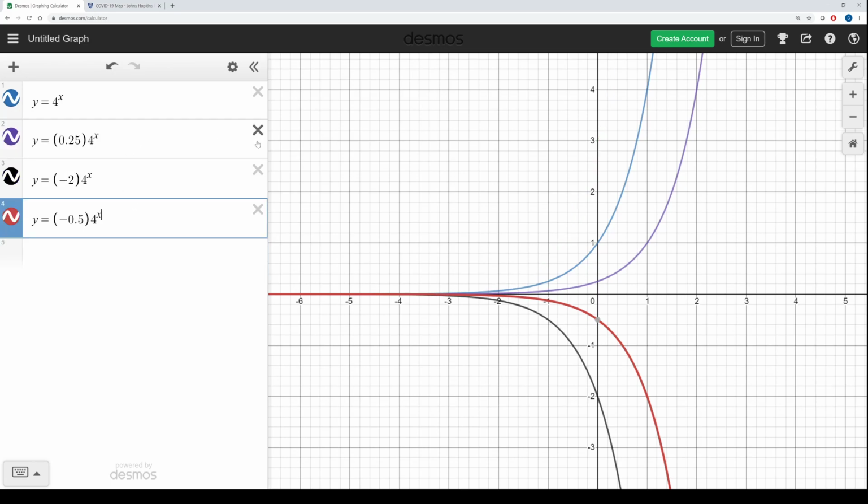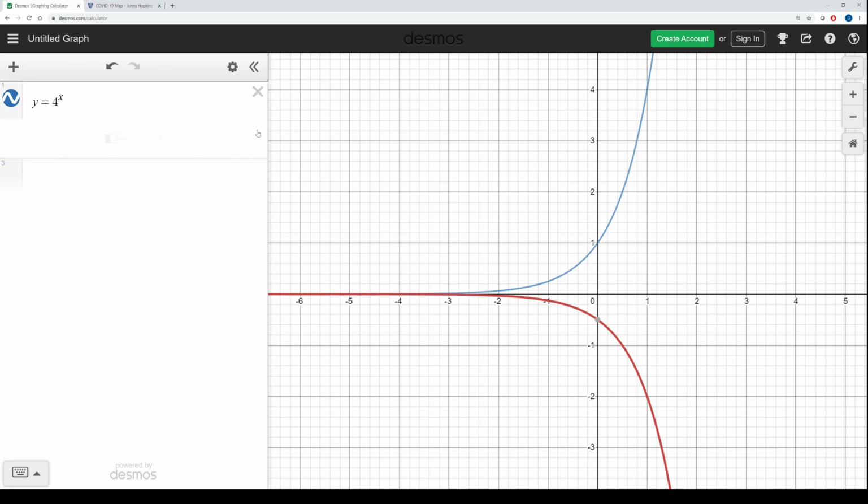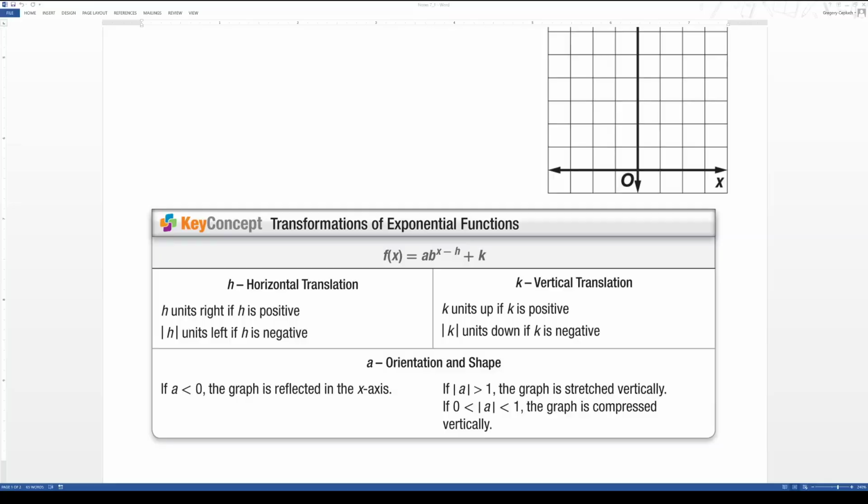Okay, but this isn't the only type of thing we can do. If we go back to the notes for a second, we see, so we've dealt with the orientation and shape. We've changed those. We can also translate or shift our curve horizontally or vertically. So let's do a vertical translation, or try shifting that curve up or down.